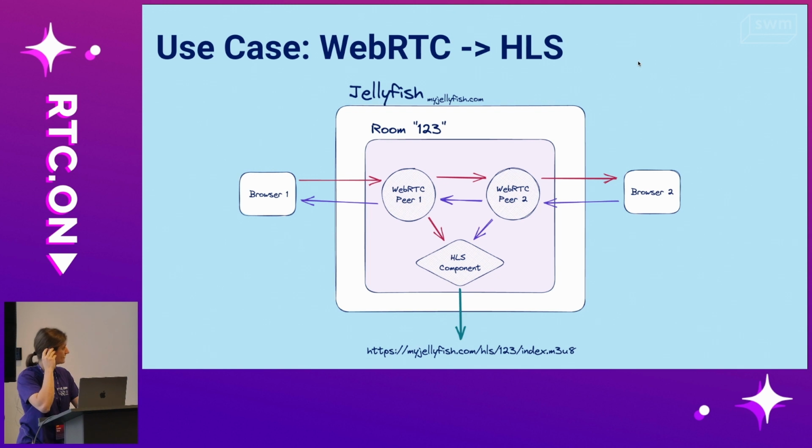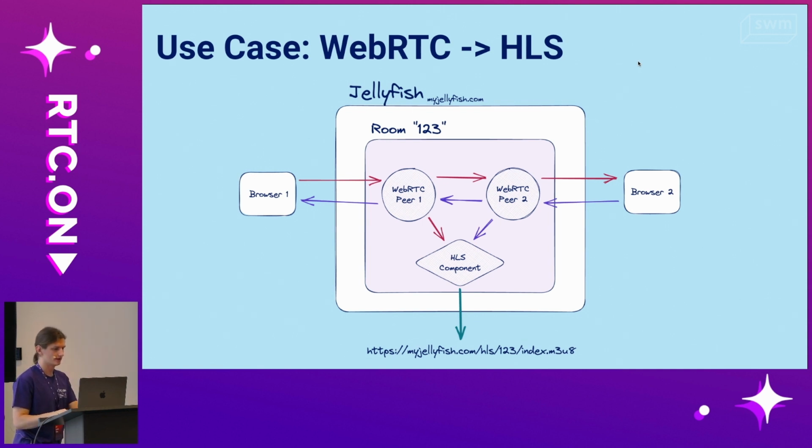So then each of the WebRTC peers can see every one of the other peers, as usual in the traditional video conferencing solution. But then you can add the HLS component, which will take all the streams from WebRTC peers, compose them into one single stream, mix the audio, and serve it via HTTP.